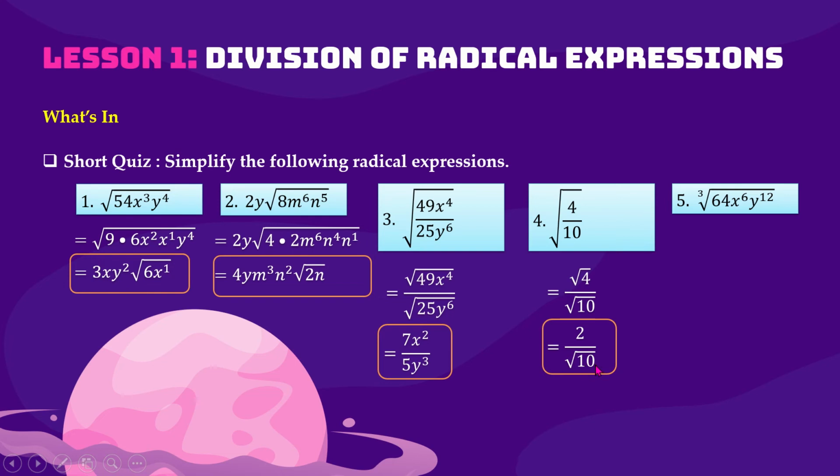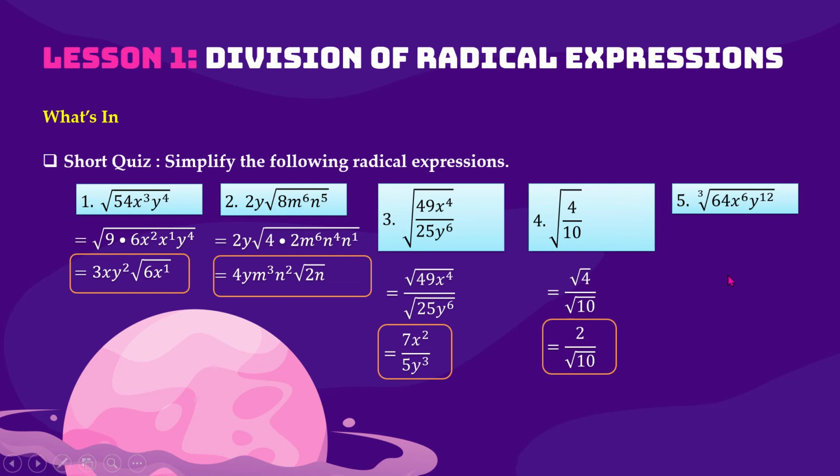Even if you factor 10 as 5 times 2, none of its factors is a perfect square. So therefore 10 remains inside the radical symbol, so we have 2 over square root of 10. You may consider this as the answer. But question, this is still not the final answer. So this needs to be simplified further. So in what way? That will be taken up in this module.